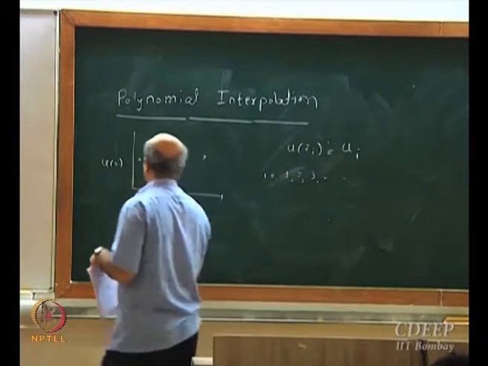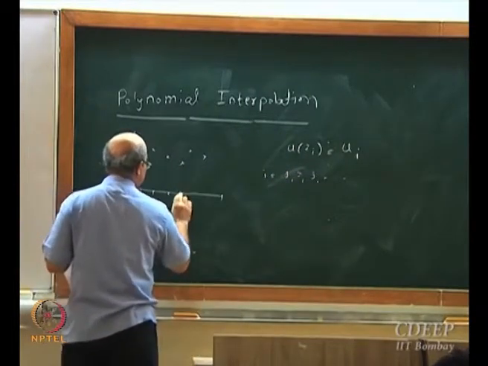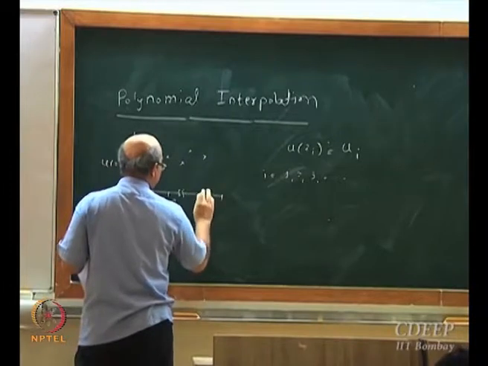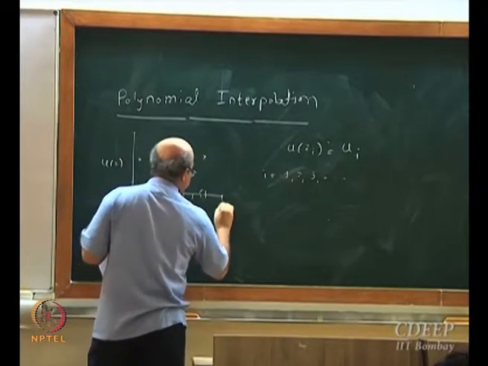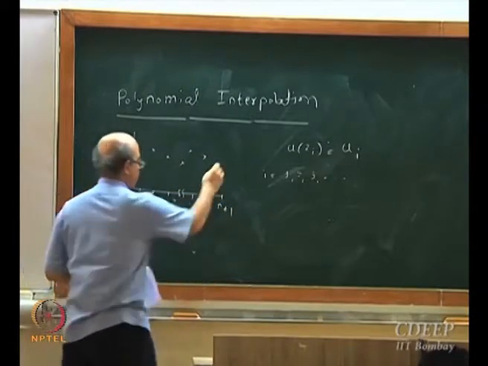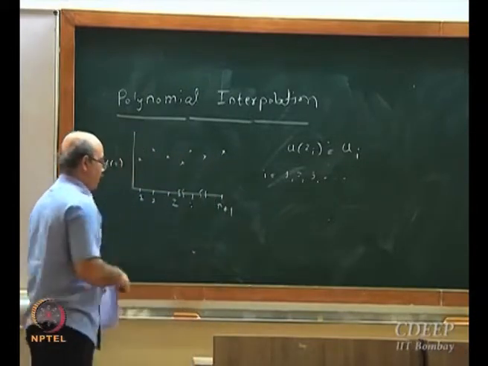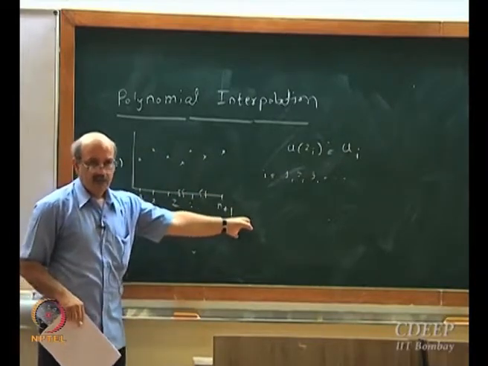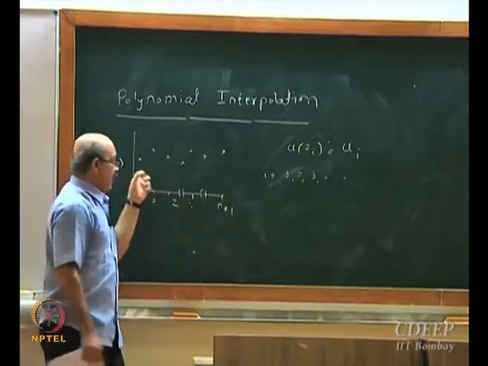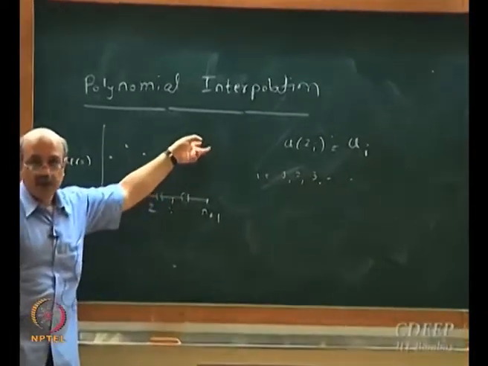So this is my point number 1, this is point number 2, this is in general the ith point, and this is my (n+1)th point. From z1 to z(n+1), I know the value of the function.